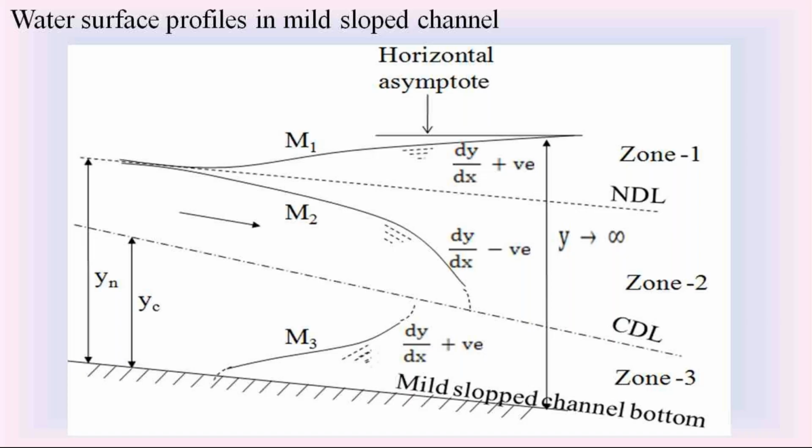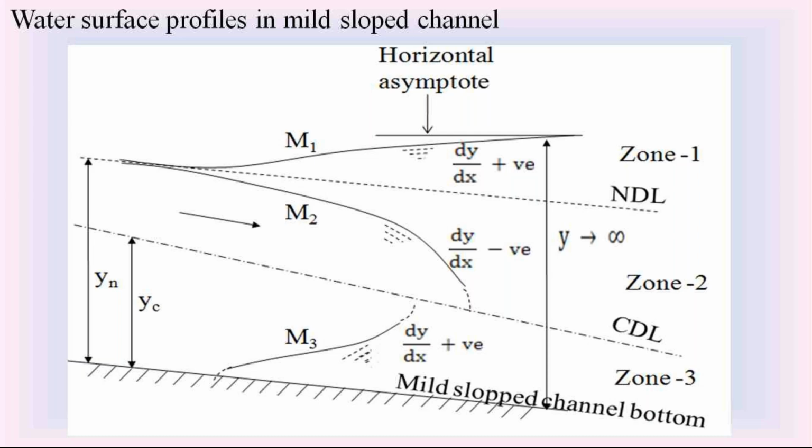So here we have the mild slope channel. In that mild slope channel, we have three water surface profiles: M1, M2, M3. The water surface profile M1 is a rising water surface profile. M2 is a falling water surface profile.